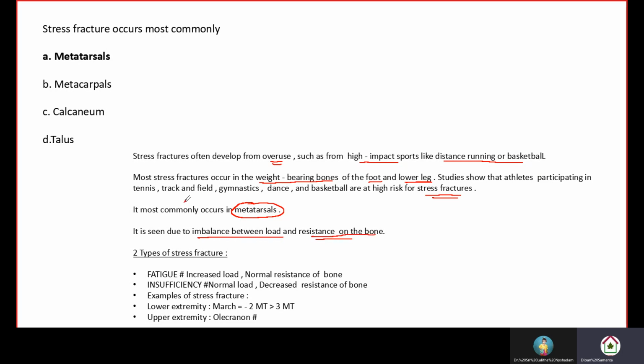So this fracture is simply due to physical stress, and this stress is transmitted to metatarsals, and there may be fractures in the metatarsals due to physical stress caused by high impact sports.